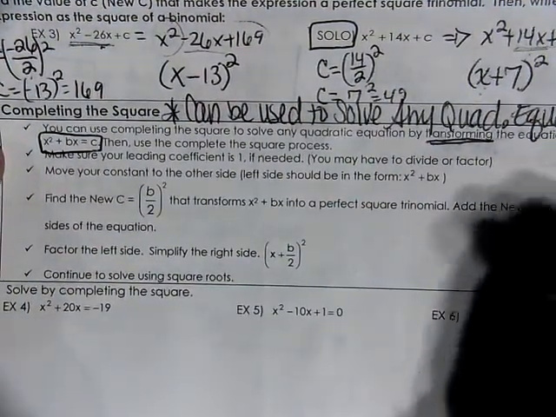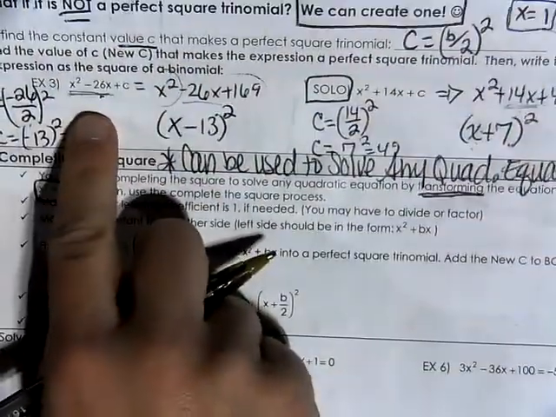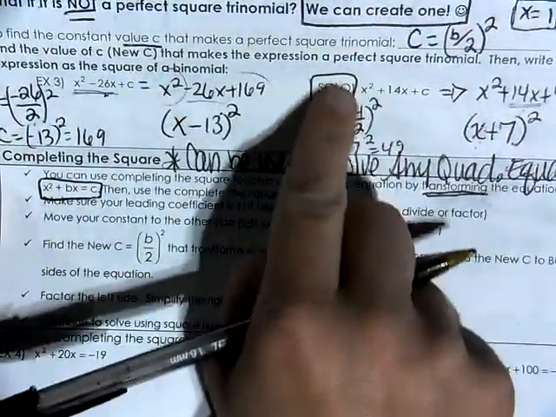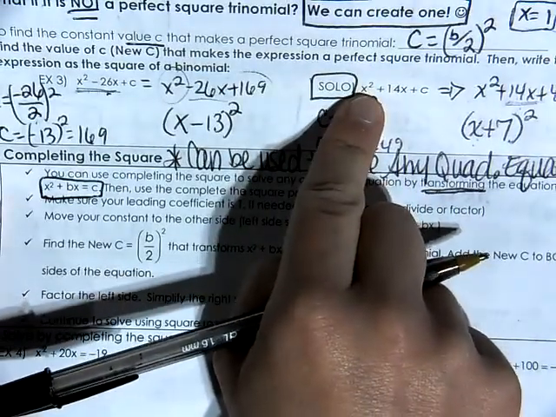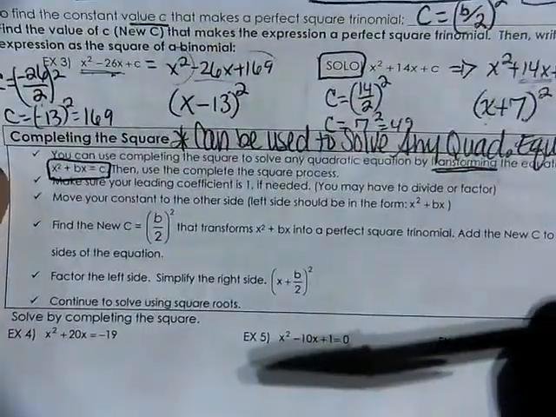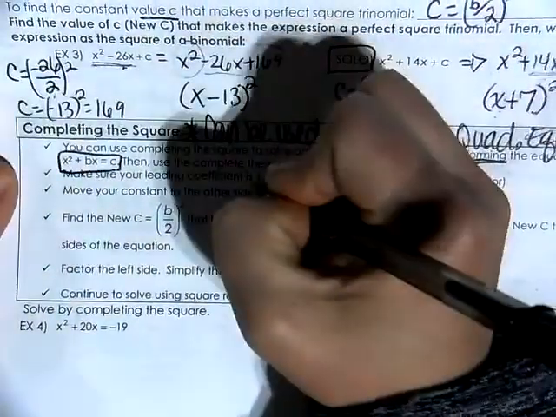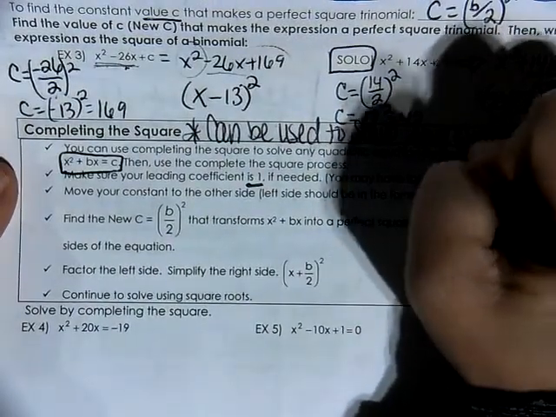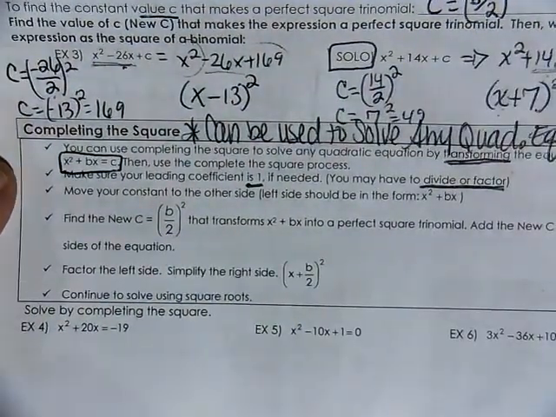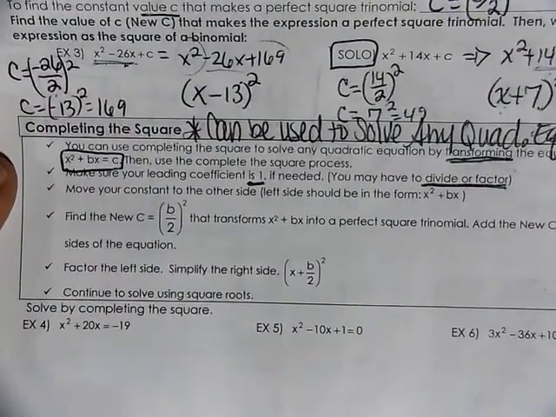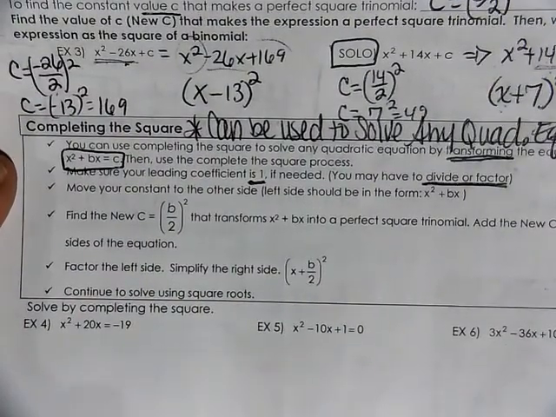The thing that you need to make sure, like in our example 3 in our solo, the thing that they had in common was that the a value was 1 and we had just our b value. You really want to make sure that that leading coefficient is 1. So you may have to divide or factor out a number in order to make sure that the leading coefficient in front of x squared is the number 1.